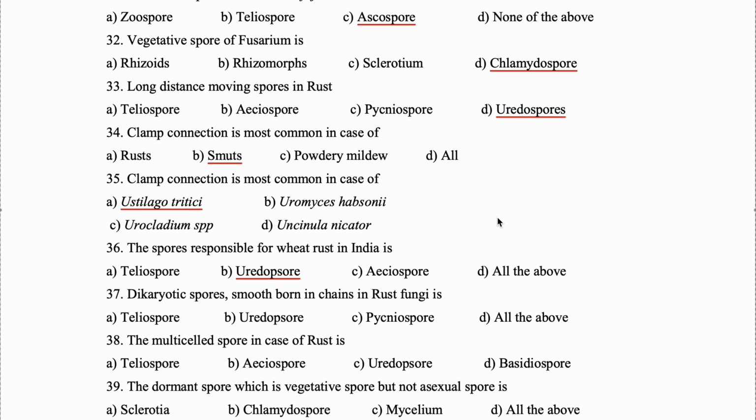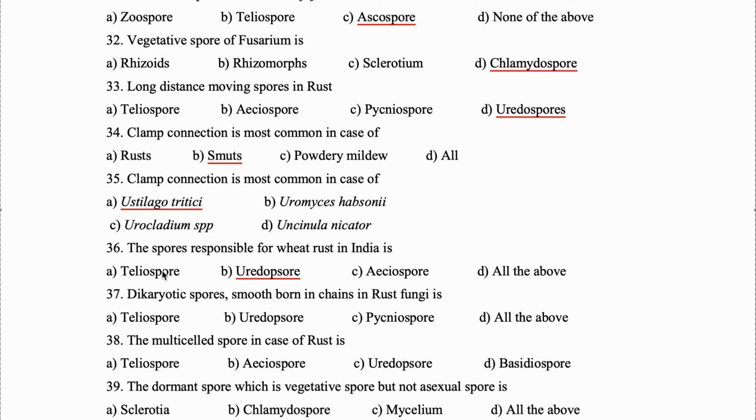Then how does it happen? That's when Urediospore comes in. That's why Urediospore is also called repeating spore. So it can be used as a new inoculum for starting a new disease cycle.